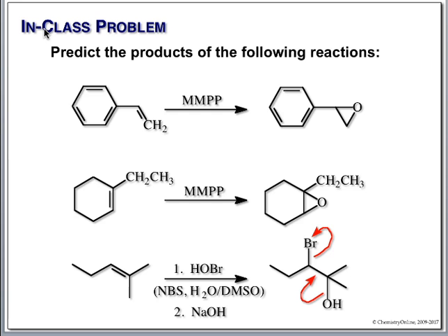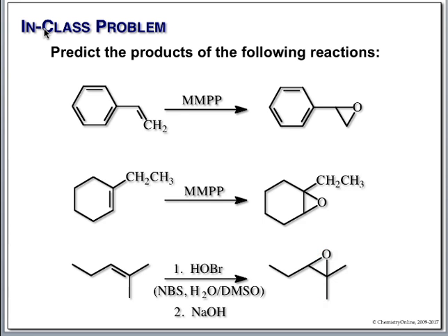Step 2, we dump this into base. When that happens, alkoxide will attack, Br minus will leave, and we'll get our epoxide formed right here. And there it is.